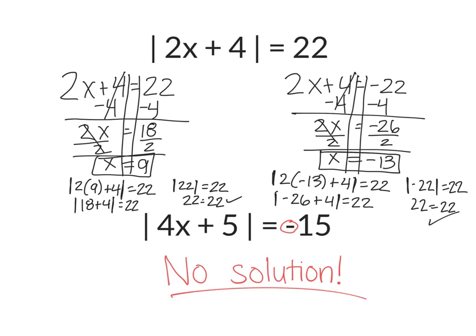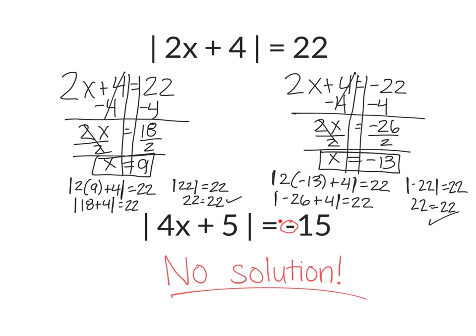But I also know if I have a negative number inside the absolute value symbols, it will also equal positive. So I made the inside part also equal negative 22. I went through and solved and got x equals negative 13. I substituted negative 13 for x into my equation, went through and solved. Absolute value of negative 22 equals 22 as well, so I knew that one was also correct. So make sure you have both of these answers.